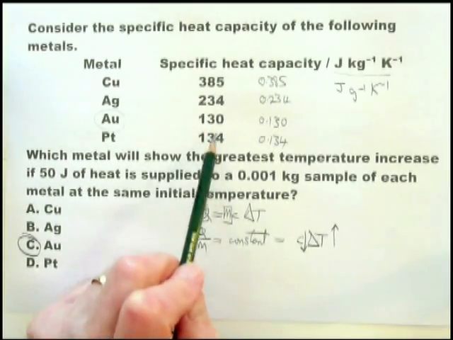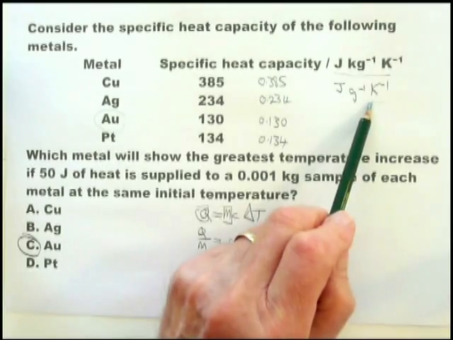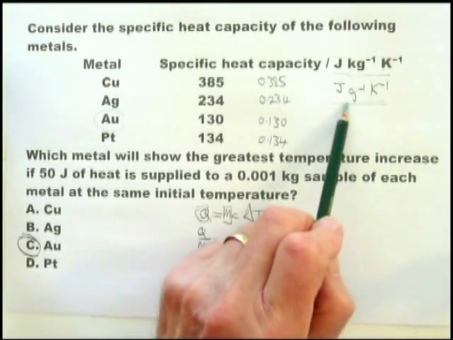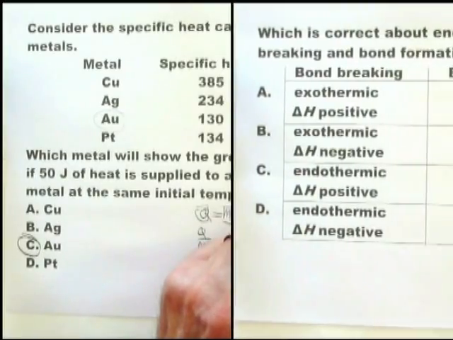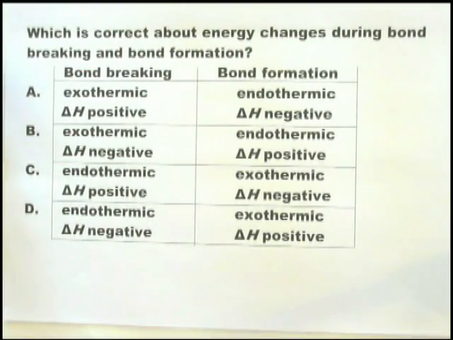And the reason I'm telling you this is just to be careful with the units that they offer in an exam. This is a question about the meaning of various words and what happens with respect to energy when you're breaking a bond and when you're forming a bond.